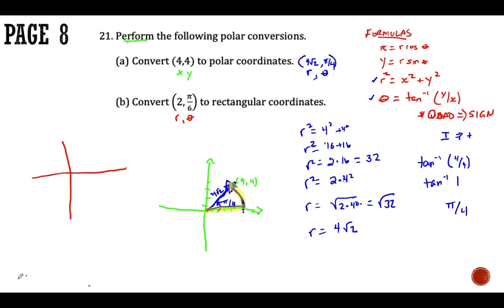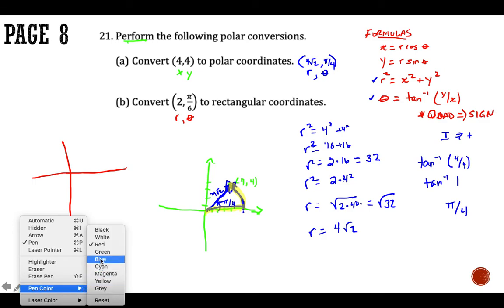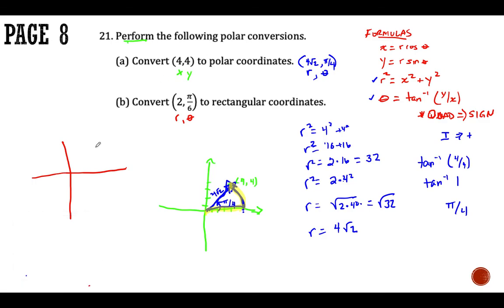So to graph this in polars, I radiate out a distance of 2. My radius is 2. And then I rotate pi over 6 radians, which is 30 degrees.